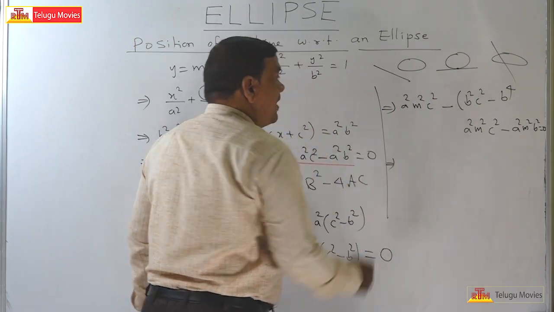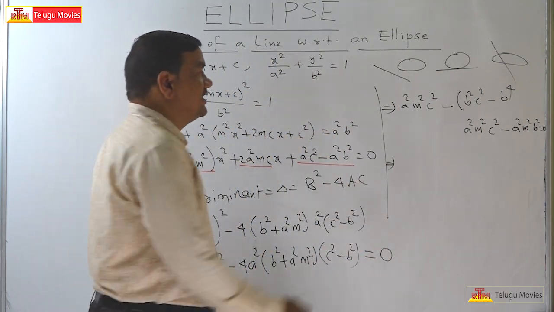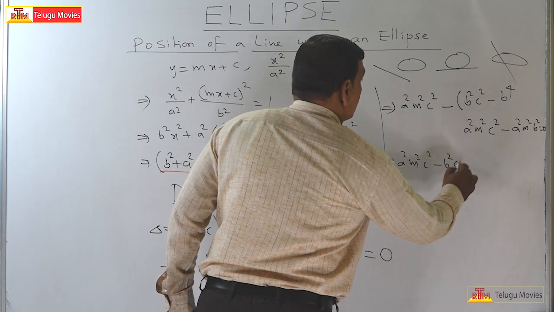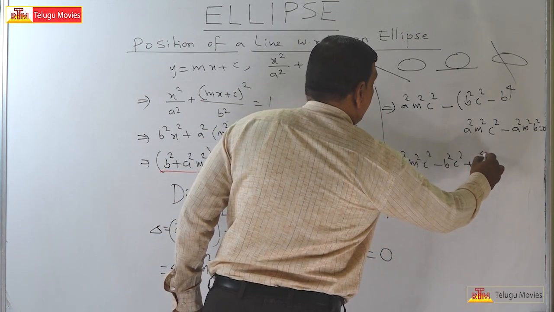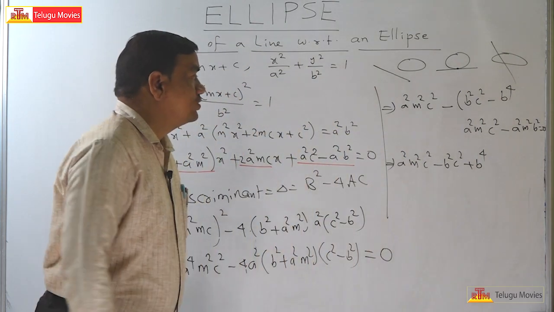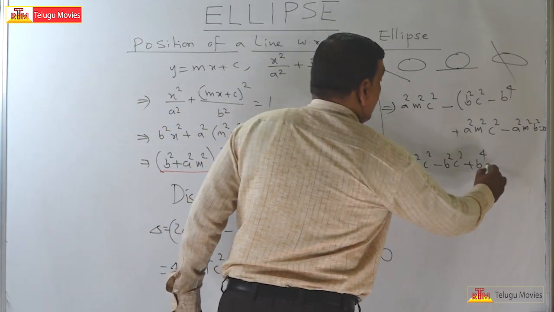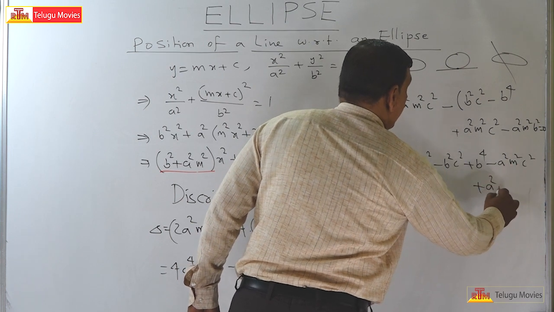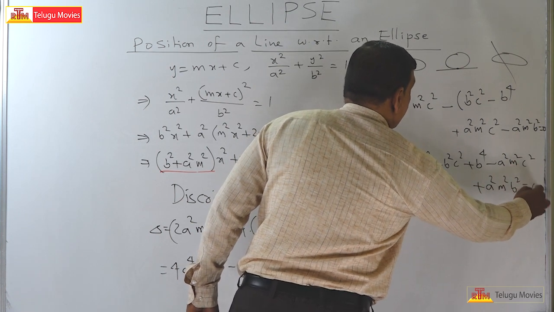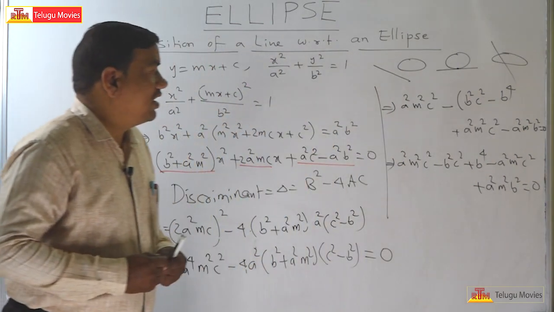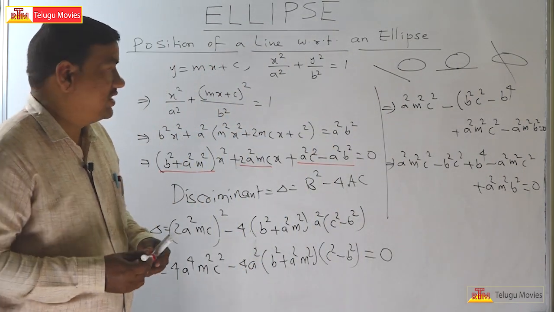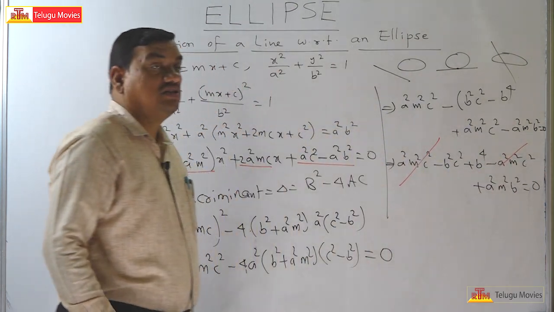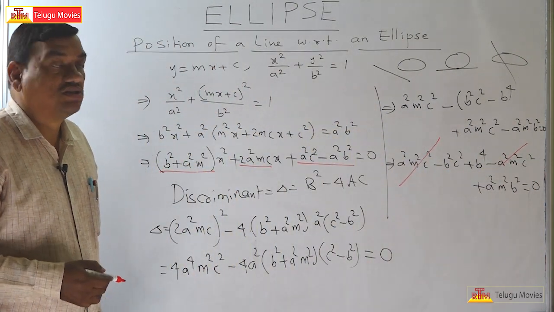Now open the brackets and let us see what happens. A square m square c square minus b square c square plus b to the power of 4, minus a square m square c square plus a square m square b square is equal to 0. Any more cancellations? Yes, we can cancel a square m square c square with minus a square m square c square.